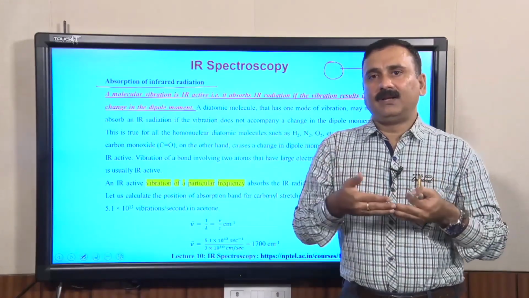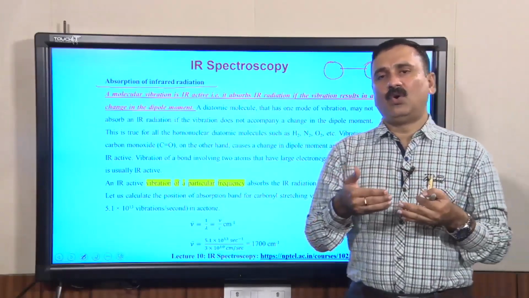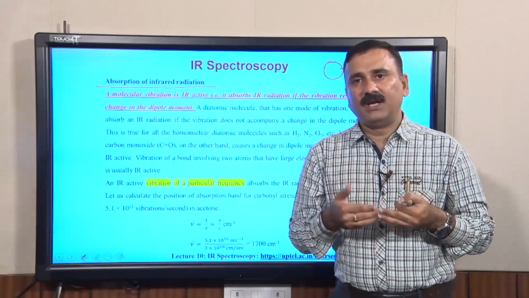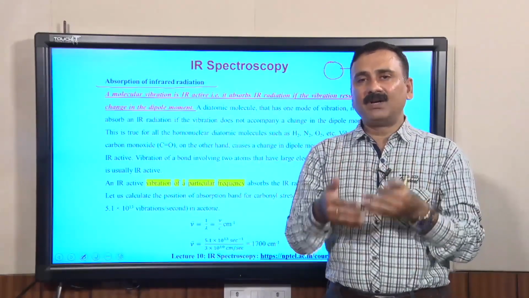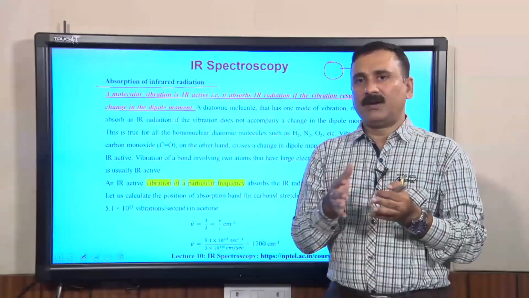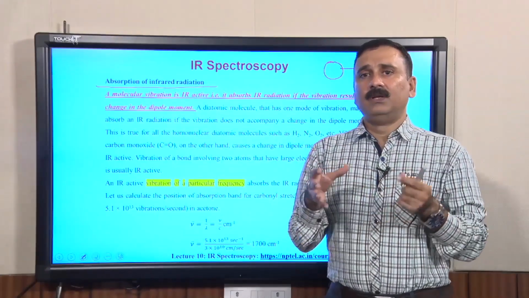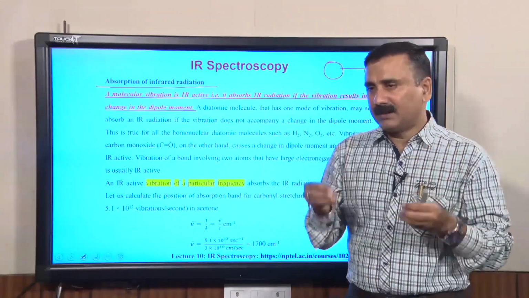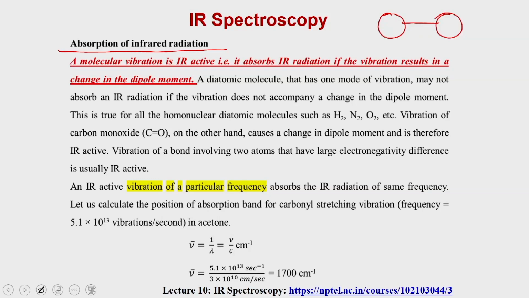So, the prime requirement of IR absorption spectra is that the molecule is going to be active for IR spectroscopy only if the two atoms are associated with each other by a bond. The other condition is that even if you have a diatomic molecule, it should show a vibrational energy in such a way that there will be a change in the dipole moment.